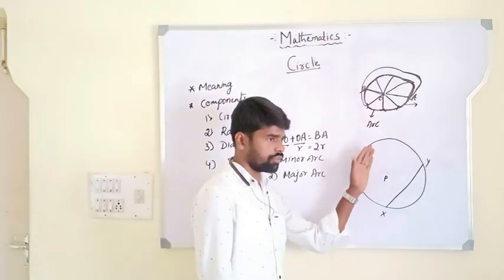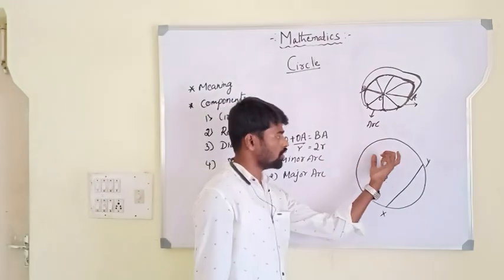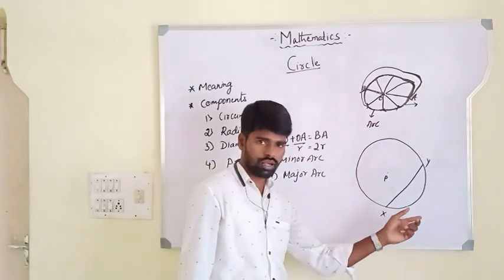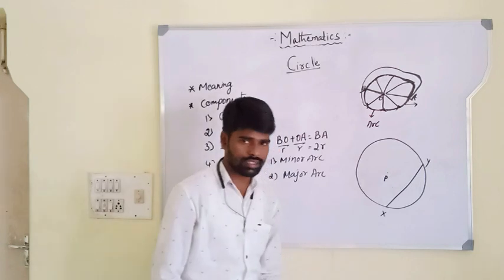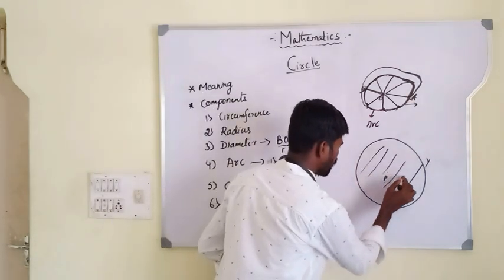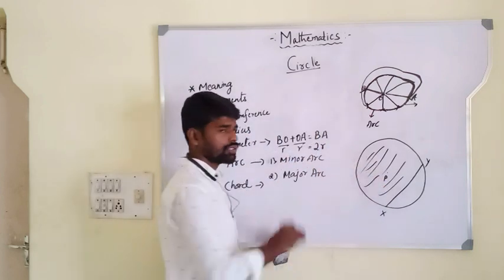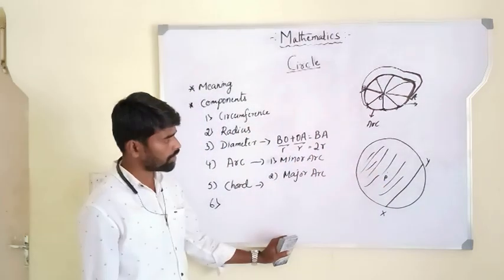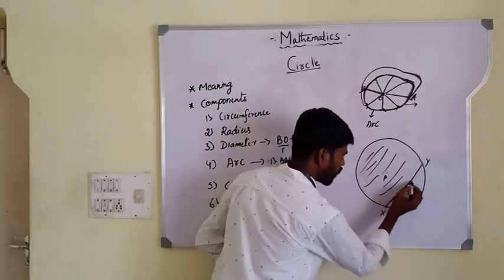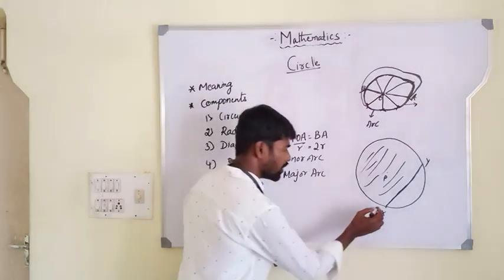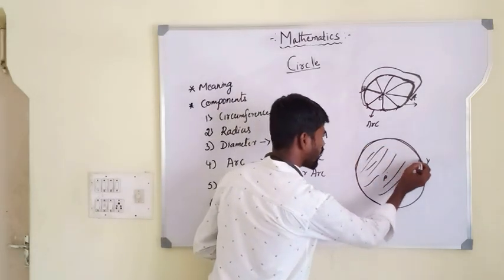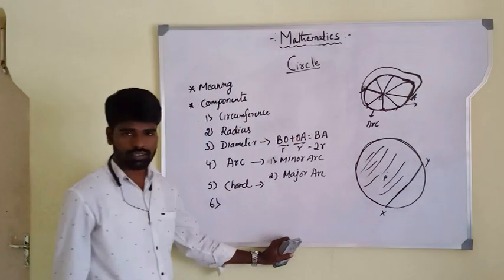Now observe the above part and below part of the chord. In the above part of the chord, you can observe more region, and in the below part you can observe less region. So this region is bounded by 2 parts of the circle. Can you identify the 2 parts? See, the chord is one part of the circle, and the length XY is also another part, correct?